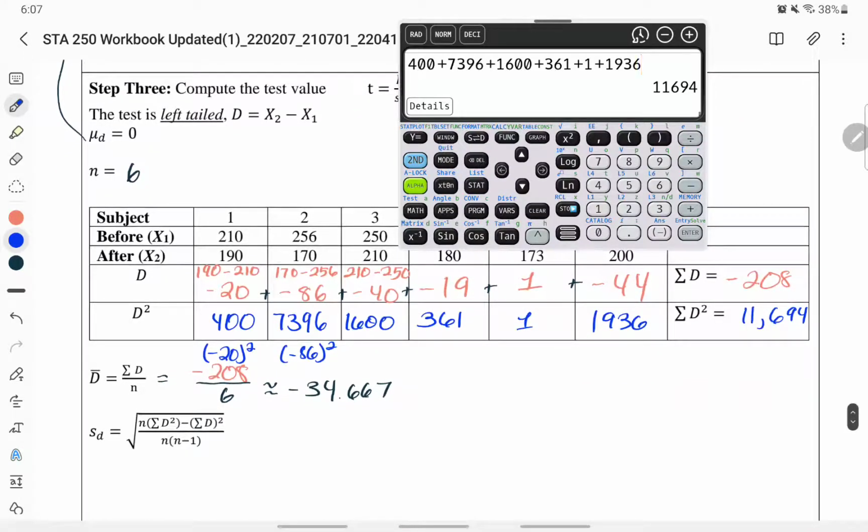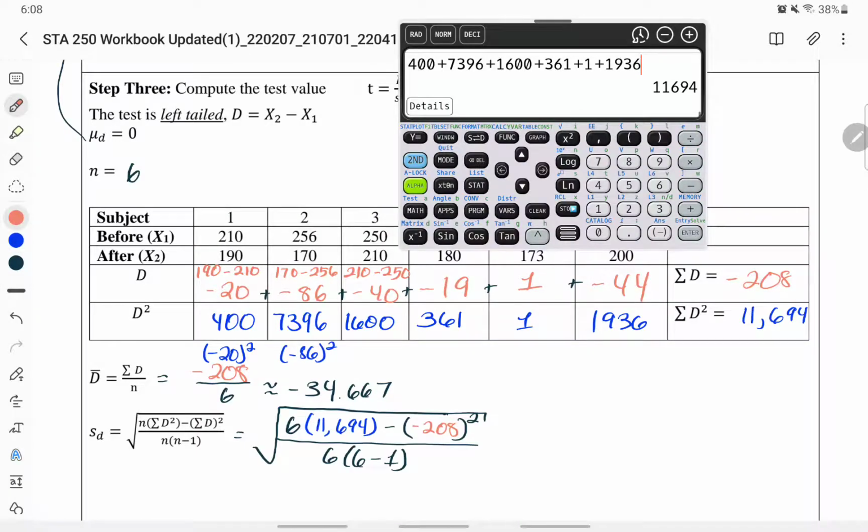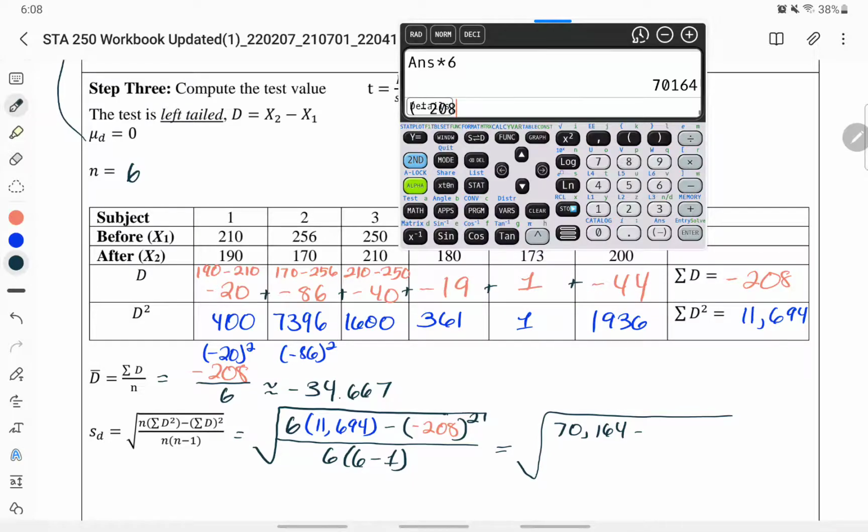So now we can find the standard deviation. Let's multiply the 6 with the 11,694. That is 70,164. Minus, we're going to square negative 208. Remember, when you square a negative number, it comes out as positive. So that's going to be 43,264. The bottom's just 30.